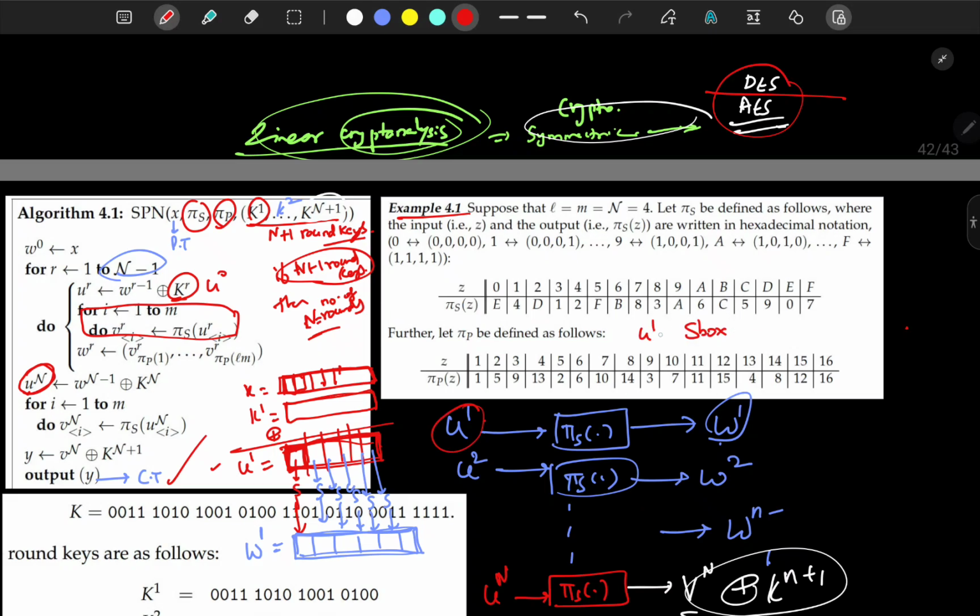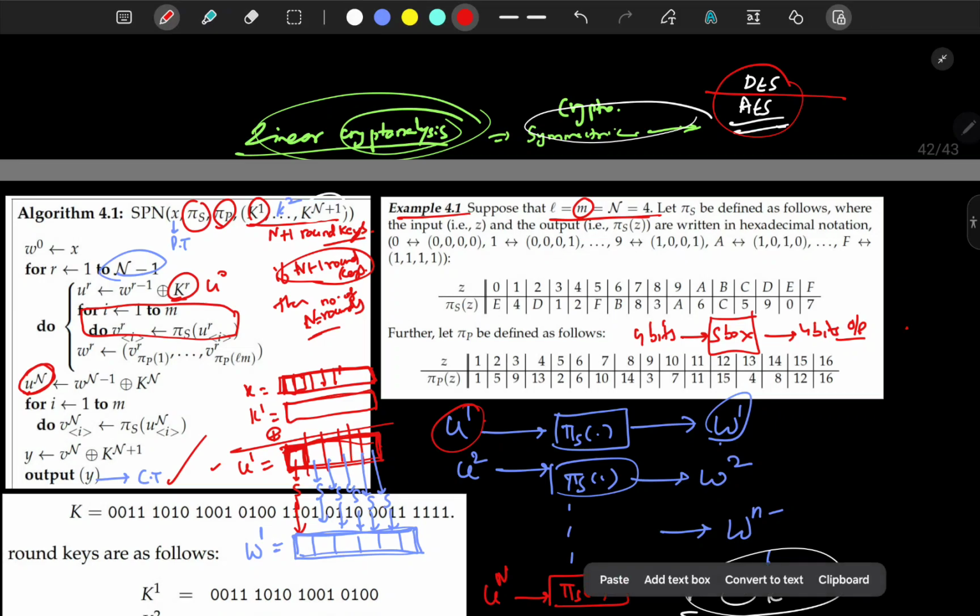We are assuming each block contains 4 bits. So 4 bits will be given to the s box and it will produce a 4 bit output. I told you there will be 4 blocks, and each block has length 4.